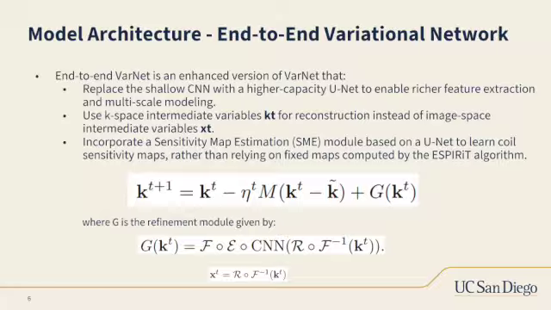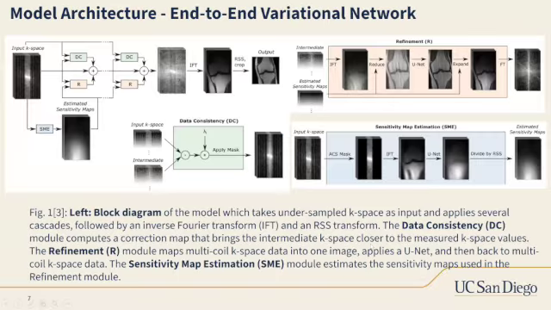It also incorporates a sensitivity map estimation module based on UNet to learn coil sensitivity maps rather than rely on the fixed sensitivity maps computed by the ESPIRiT algorithm. And this is a visual diagram of the end-to-end VarNet architecture.